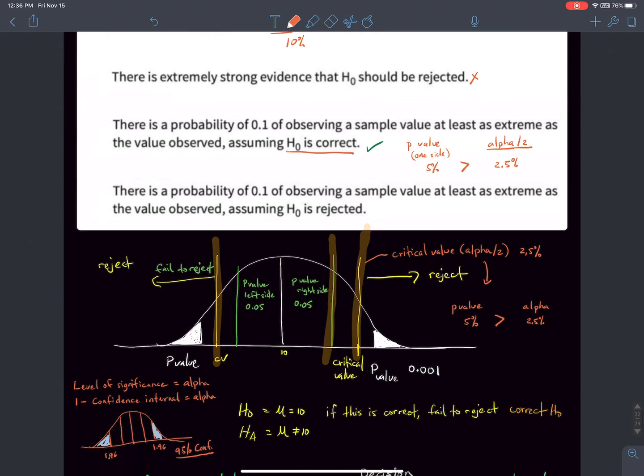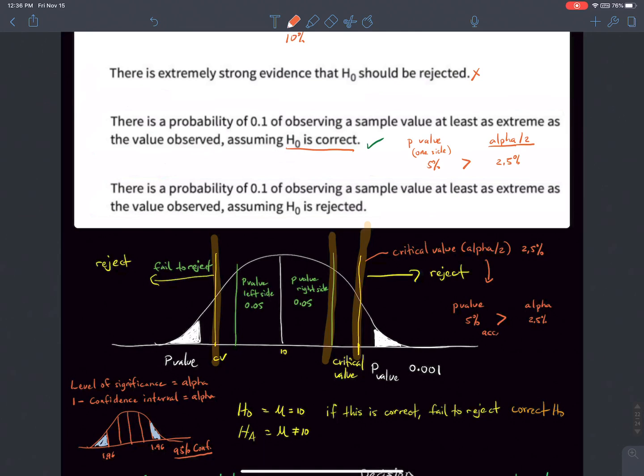Accept the null hypothesis, which means fail to reject the null hypothesis. So you're saying if you fail to reject the null hypothesis, it means the null hypothesis is correct.